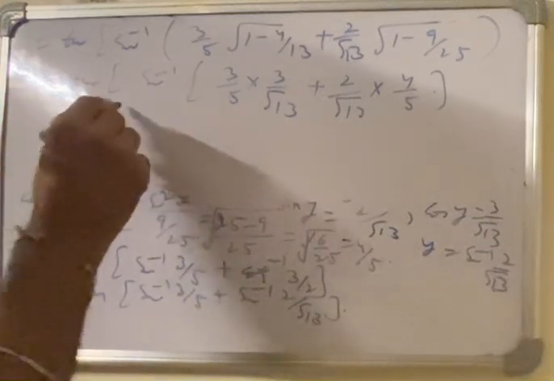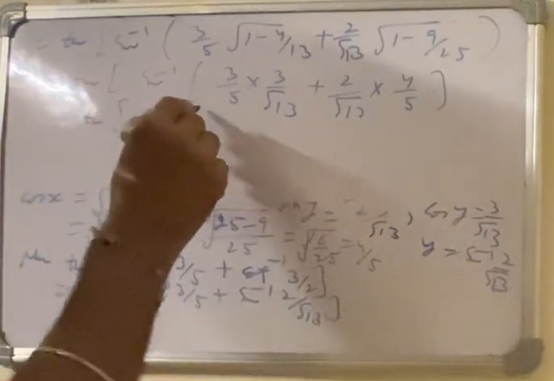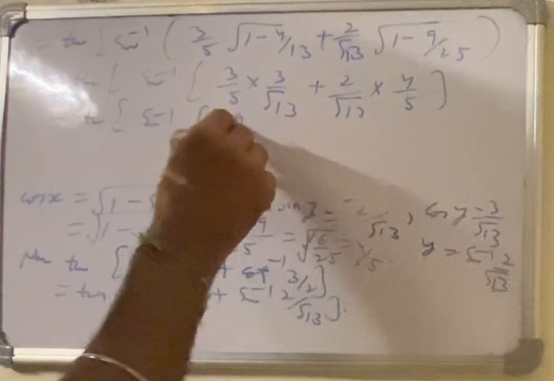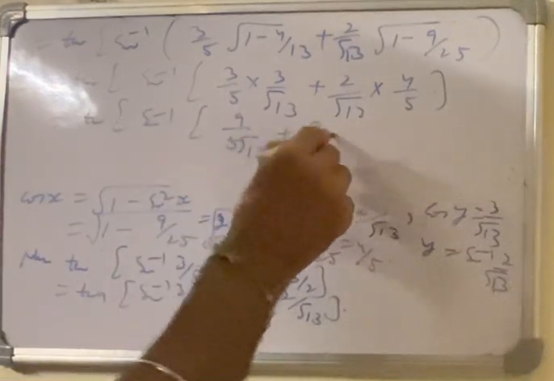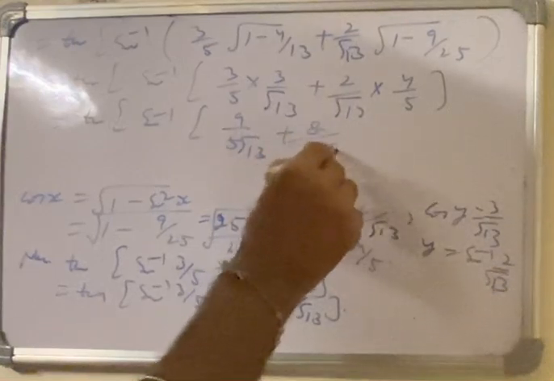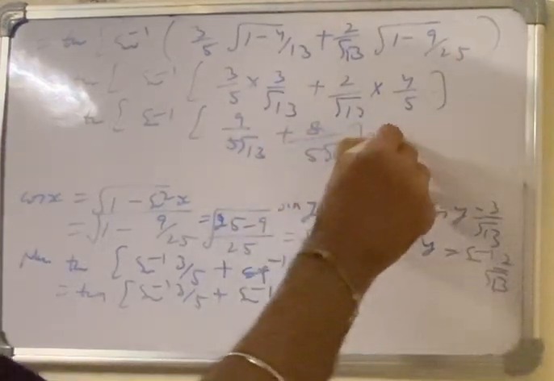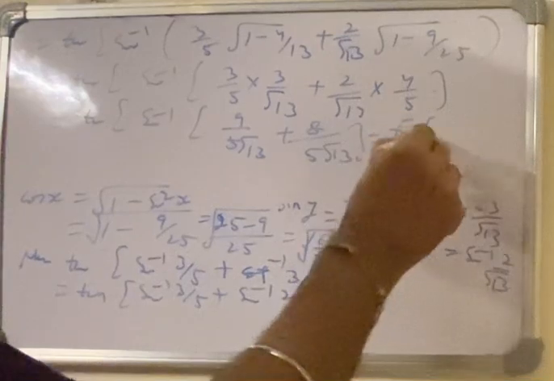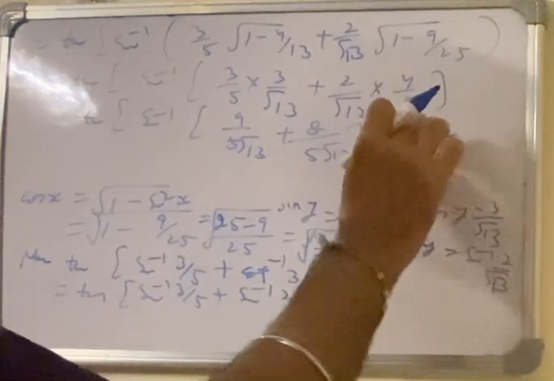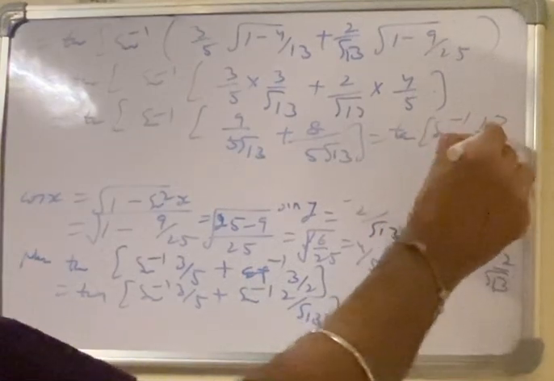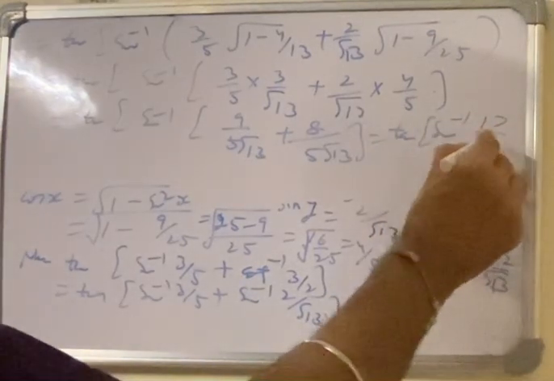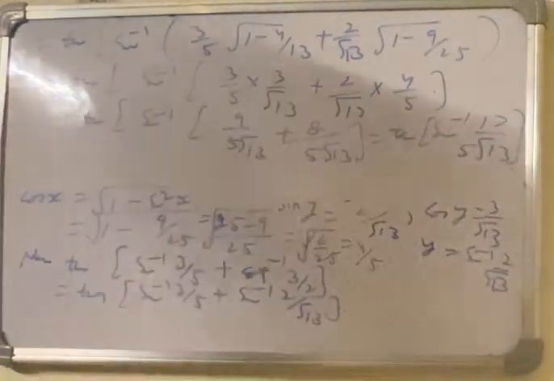This is tan of sin inverse of 9 over 5 square root 13 plus 8 over 5 square root 13, which is equal to tan of sin inverse 17 over 5 square root 13.